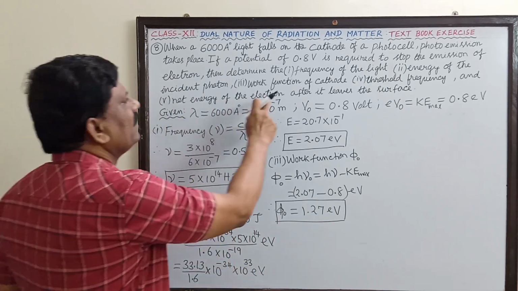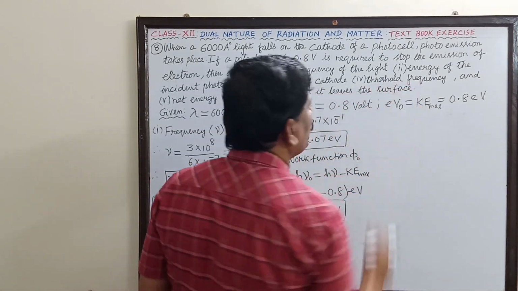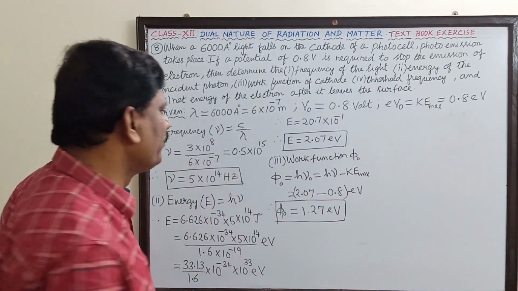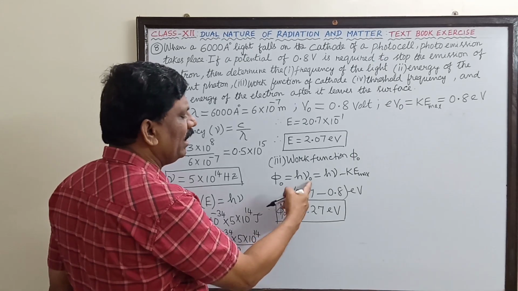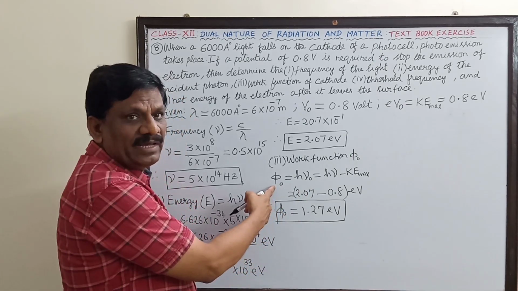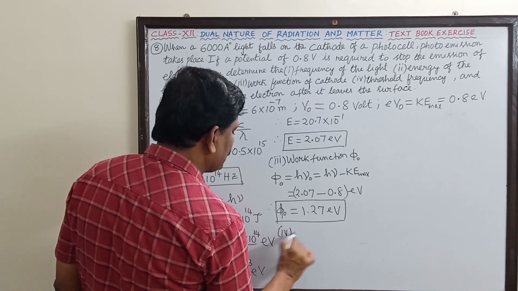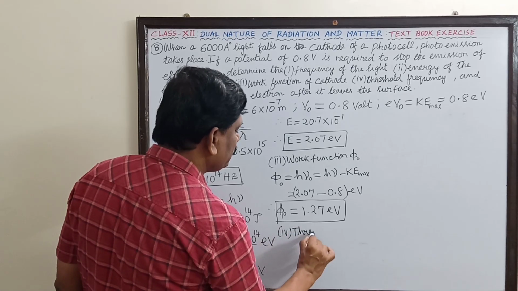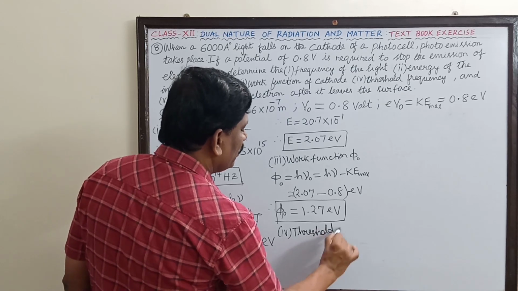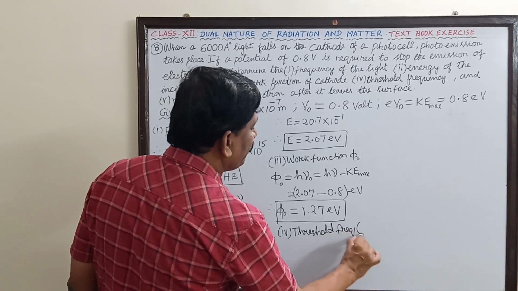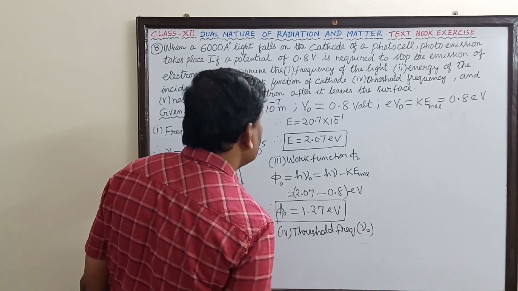Okay, what next is the fourth one? The threshold frequency. Threshold frequency is nu naught. In this symbol, nu naught. So the same formula I am going to use now. So the fourth subdivision is threshold frequency, nu naught.